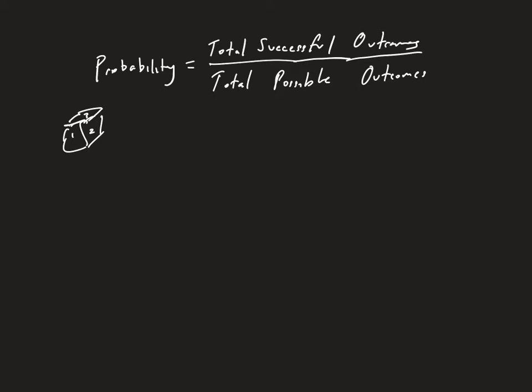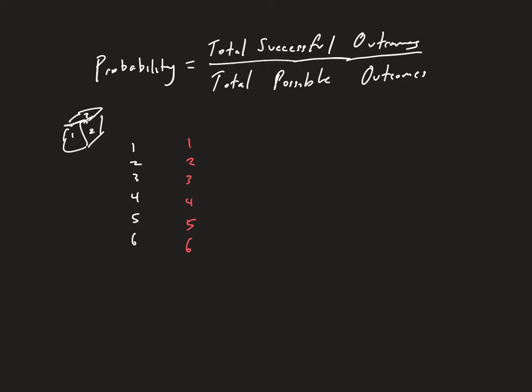So we're going to use our formula. First, let's figure out how many total possible outcomes there are. To do this, let's draw what we can get from the first dice. Well, we know we can get a 1, 2, 3, 4, 5, or 6 when we roll it. Same thing for the second dice: 1, 2, 3, 4, 5, 6. So let's say that we roll a 1 on the first dice. What are the possibilities that we can get in terms of the sum?